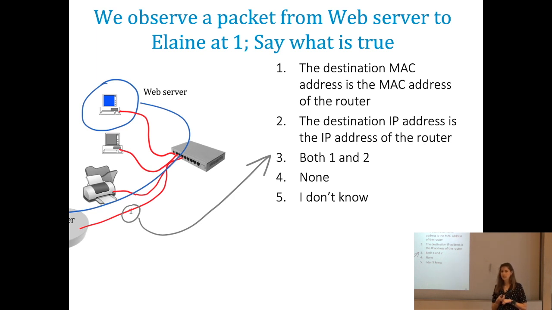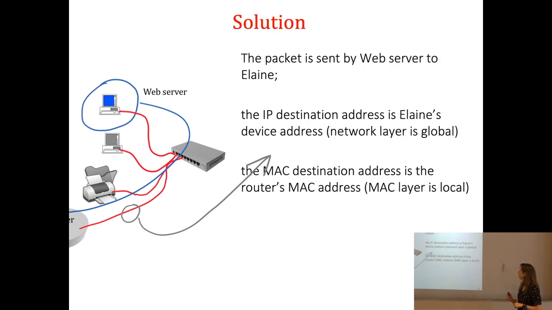Come on, don't be shy. 1, 2, 3, 4, 5. Good, that's correct. Who thinks that the destination IP address is the IP address of the router? No one. Okay, that's also correct. It's not the case. So only the first answer was correct.